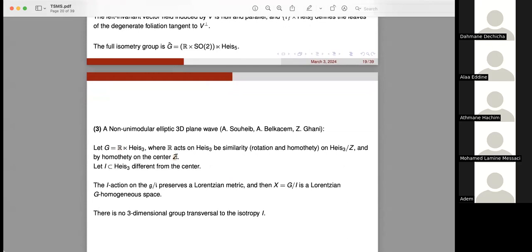And on the quotient space, it acts by a similarity, so a rotation and a homothety on the quotient space. Here I take any one-dimensional subgroup which is different from the center. It preserves a Lorentzian scalar product on X. And this example is not a Lie group. There is no three-dimensional subgroup here which is transversal to the anisotropy.